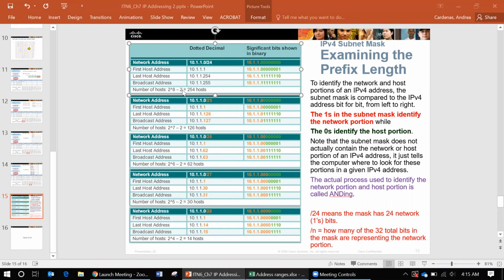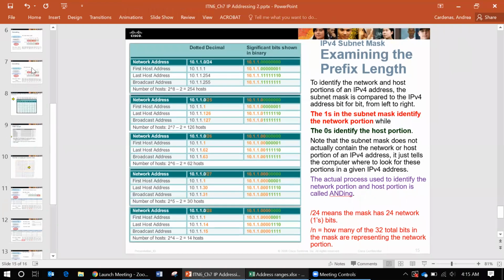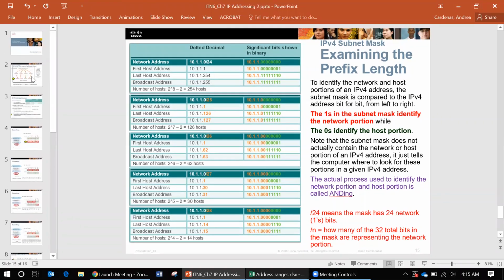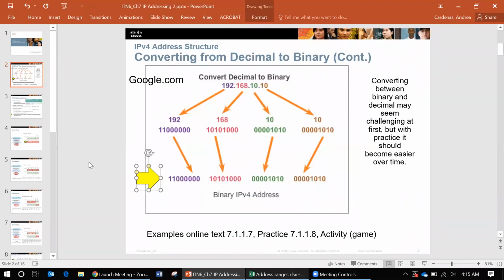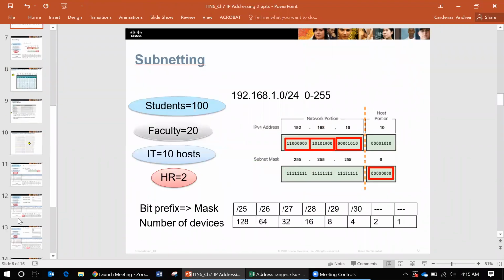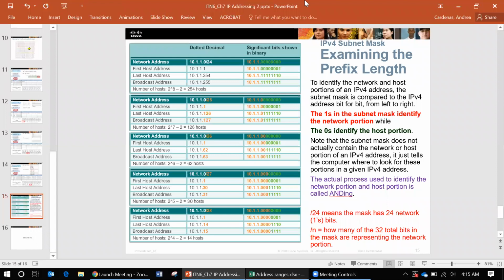And remember, you need to subtract 2. You have a network address /24.